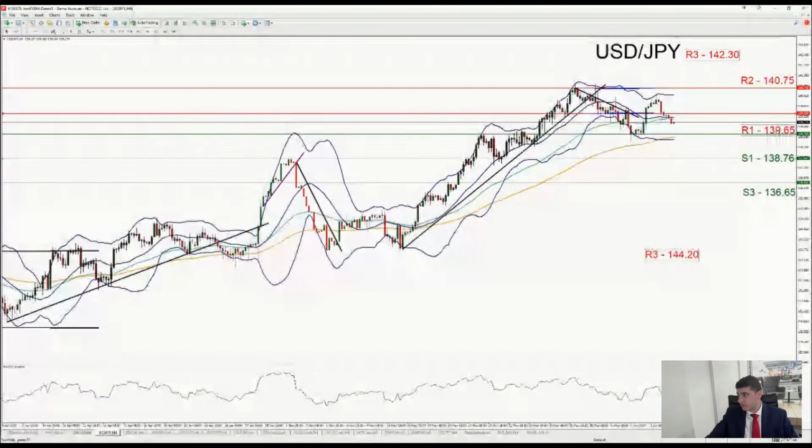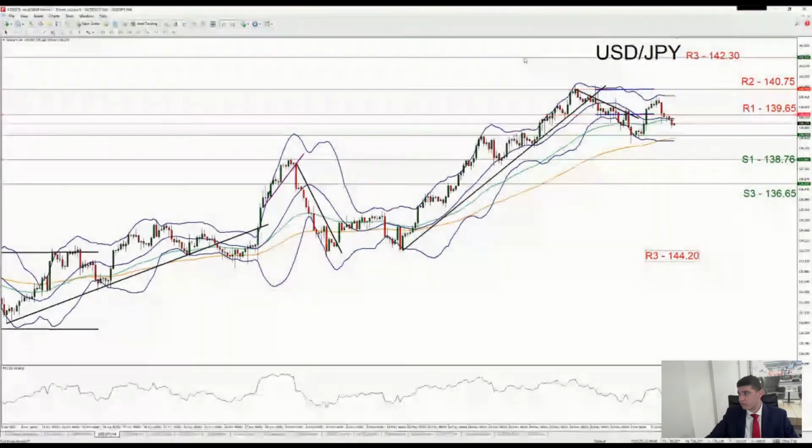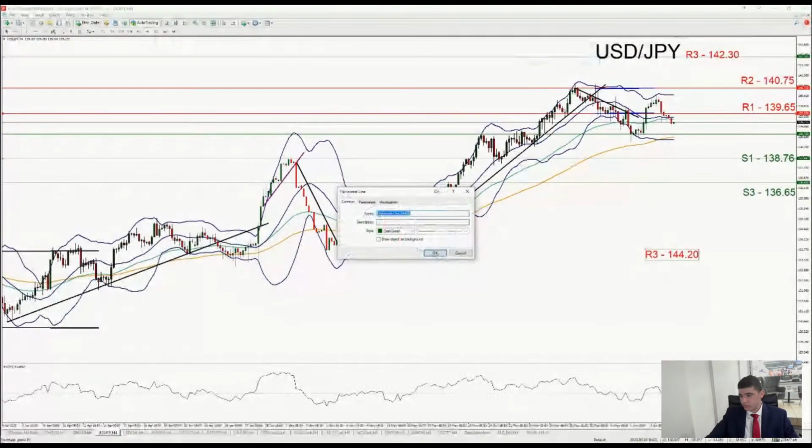So we're just fixing up our chart. Just placing back R3, 142.30.